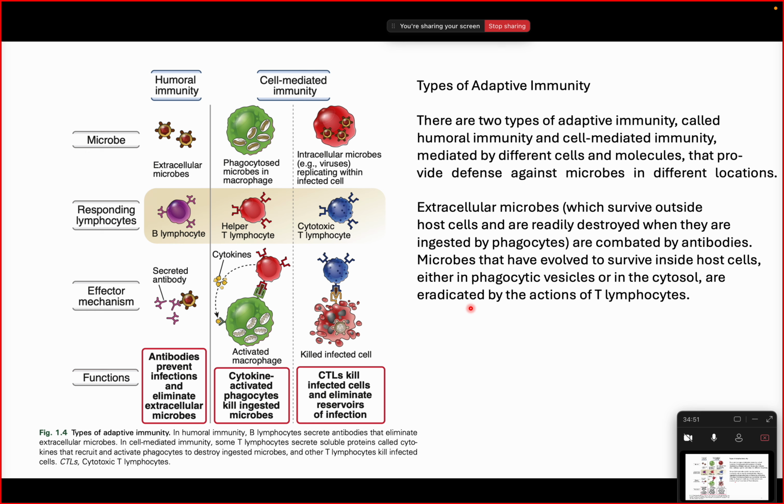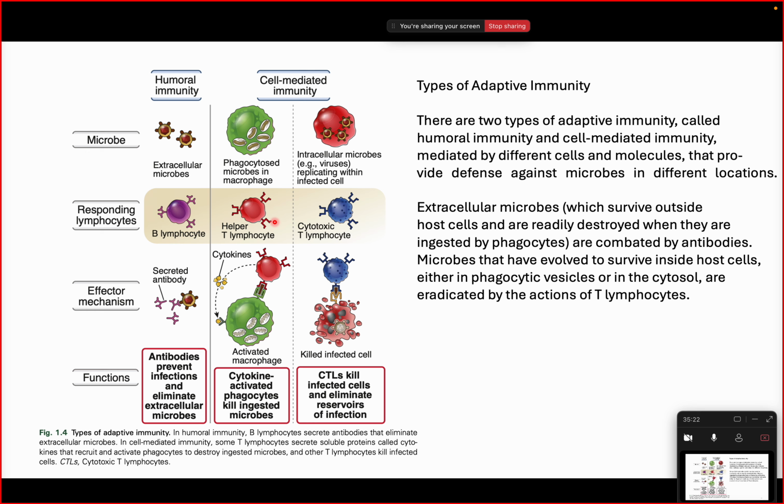Okay, so the adaptive immunity is itself of two types. First, there is a branch of adaptive immunity called humoral immunity, and the other branch is called cell mediated immunity. Both are adaptive immunity itself. They depend on different cells and molecules that provide defense against microbes at different locations.